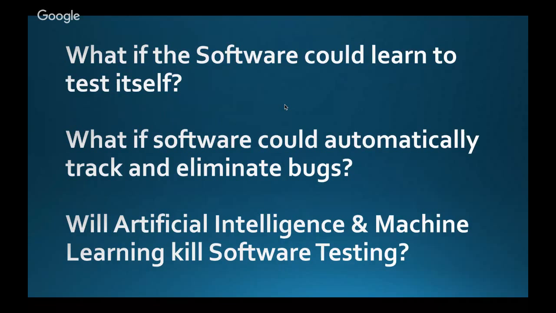These are questions which are in high demand nowadays, and people are trying to figure out the answers, and everybody is interested to know what the outcome would be. So, in my upcoming slides, I'll try to answer these questions, and hopefully I'll be able to answer them correctly.